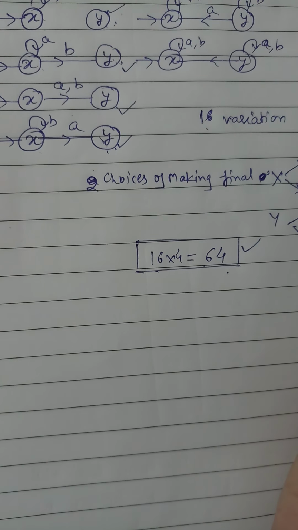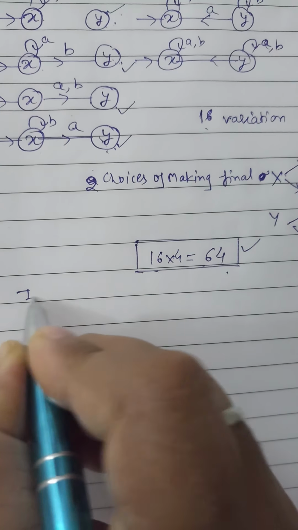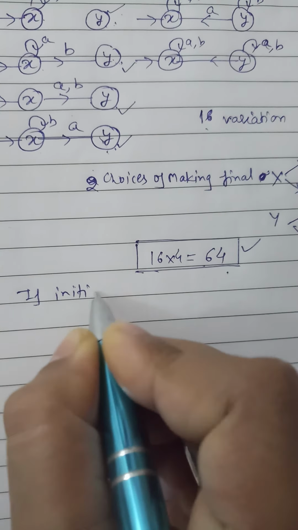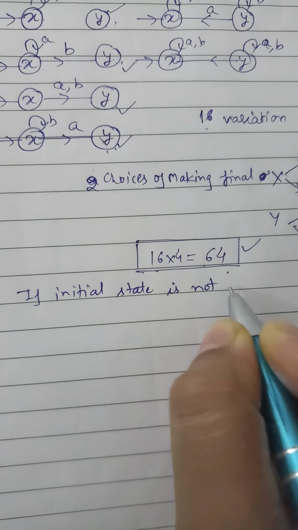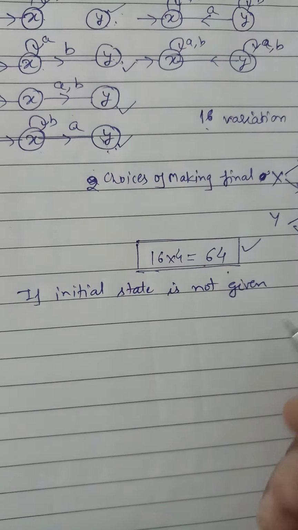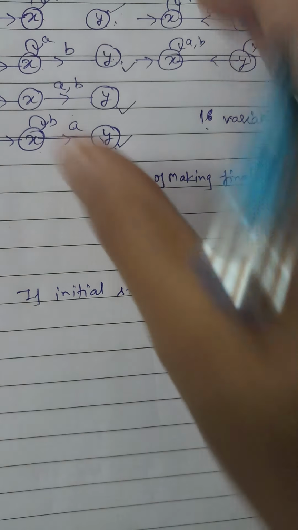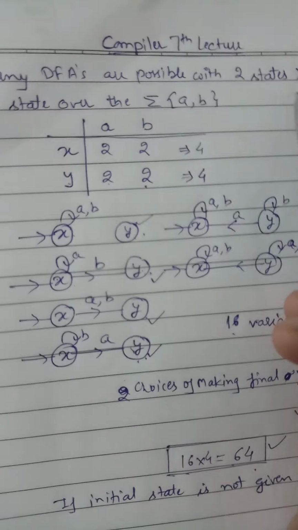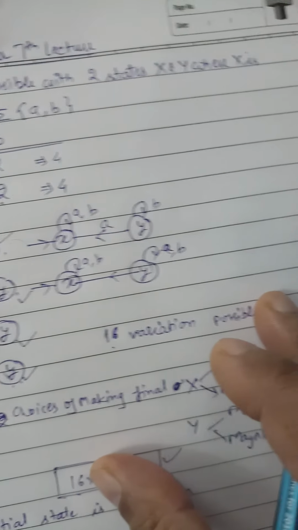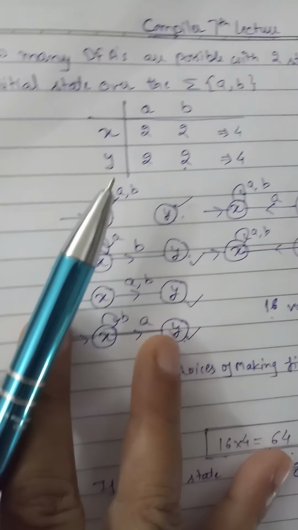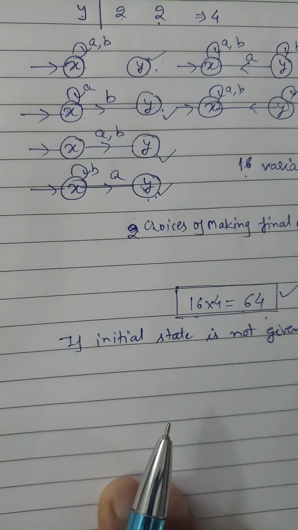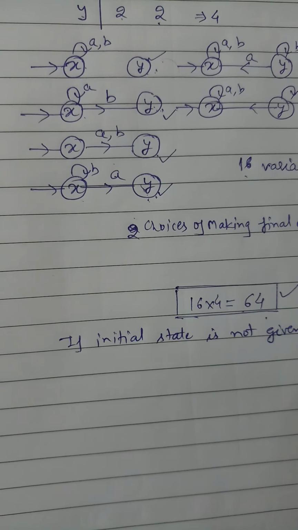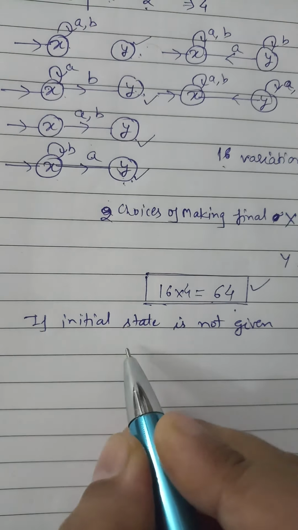These are the total 64 possible. But one more thing is also there. If the initial state is not given, as we have given here x as an initial state, but suppose the initial state is also not given, then what will the possibility be? We have two options.